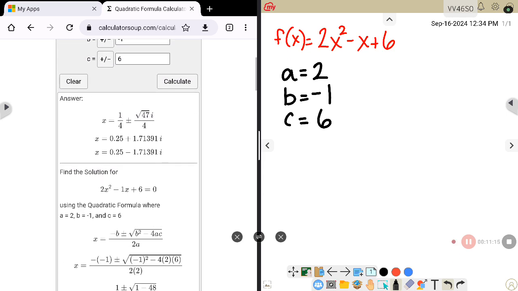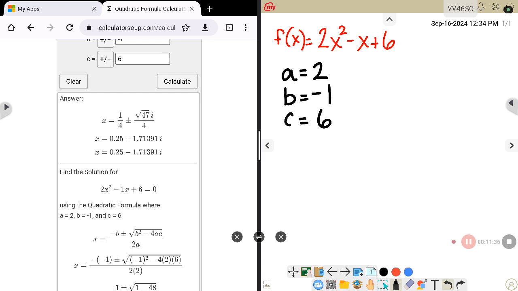You will notice that your answer has an i in it. That means that this is an imaginary number or a complex number answer. Be careful when you are typing this in. It won't ask for the decimal parts of this, or the approximate decimal answers to this solution, just the exact.